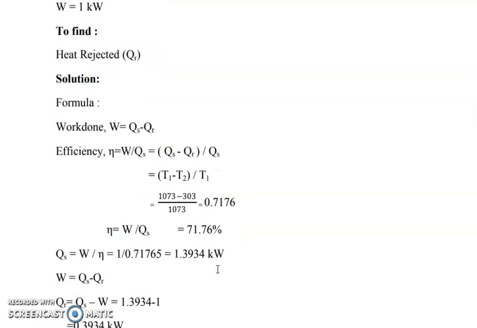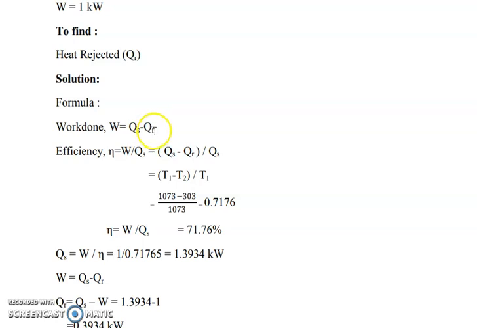Okay, now the efficiency is over. Actually, my aim is to find out the heat rejected for producing 1 kilowatt work output. Here there is a relation: work done equals heat supplied minus heat rejected.